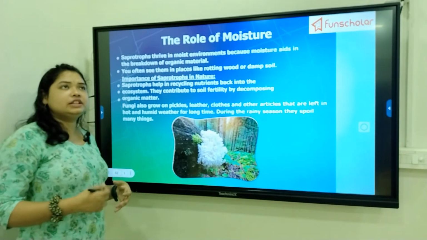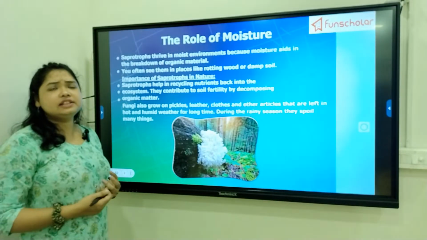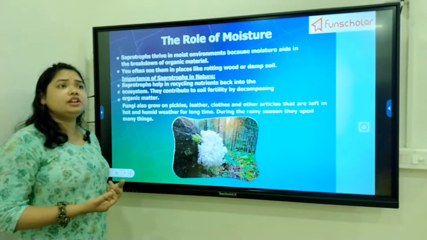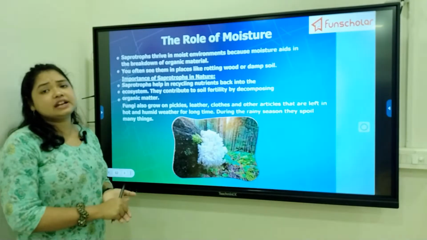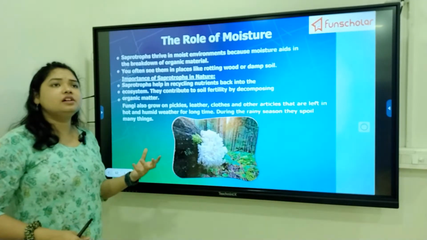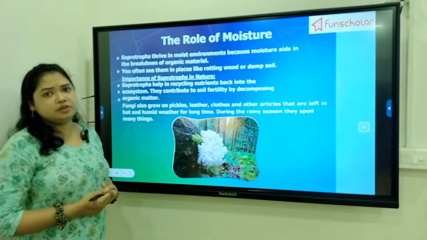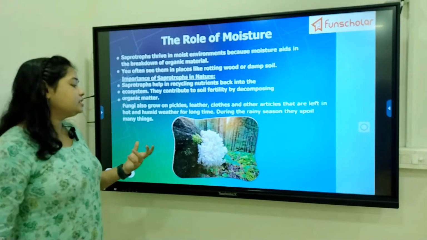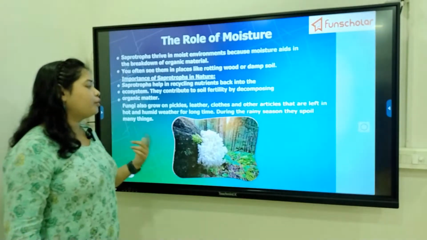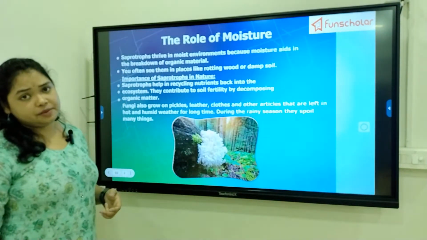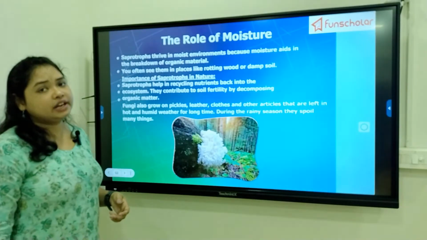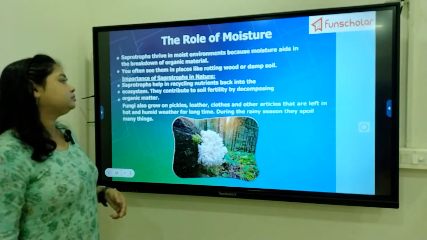If we leave the bread overnight, particularly during the rainy season or the monsoon season, it will very quickly be surrounded by the rhizopus or the bread mold, because moisture provides the conducive environment for the saprotrophs to grow on the dead and decaying matter.